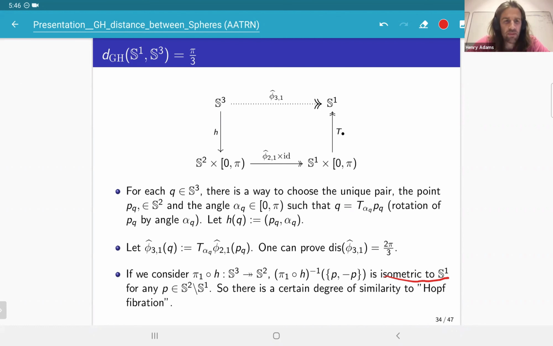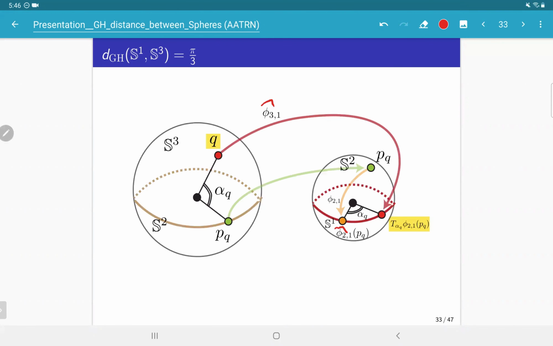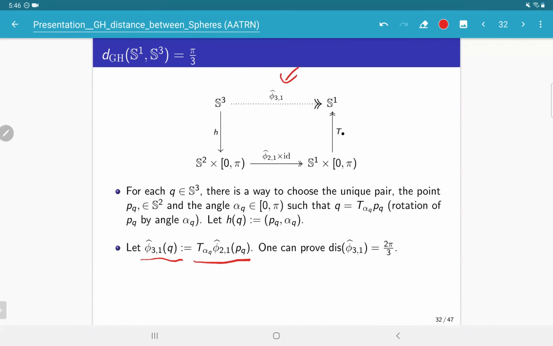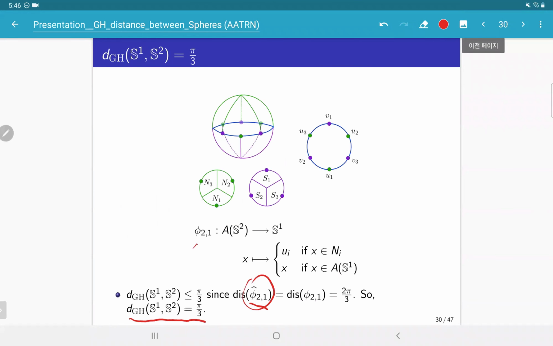Can you do the same map in the case of S2 and S1, for example? For S2 and S1, we can consider just the usual rotation angle. Okay. So what angle does the North Pole get mapped to, or what angle does the South Pole get mapped to?